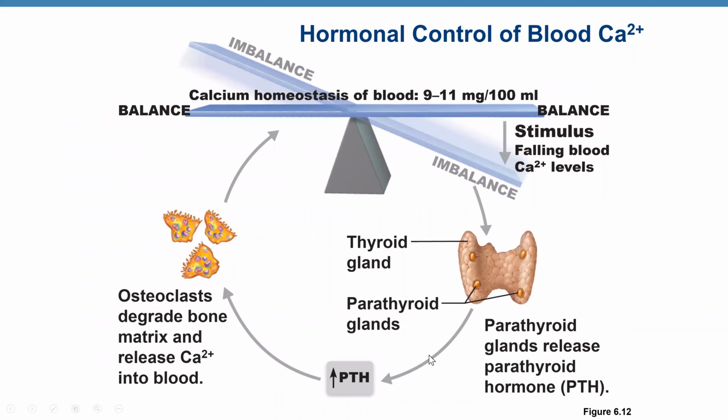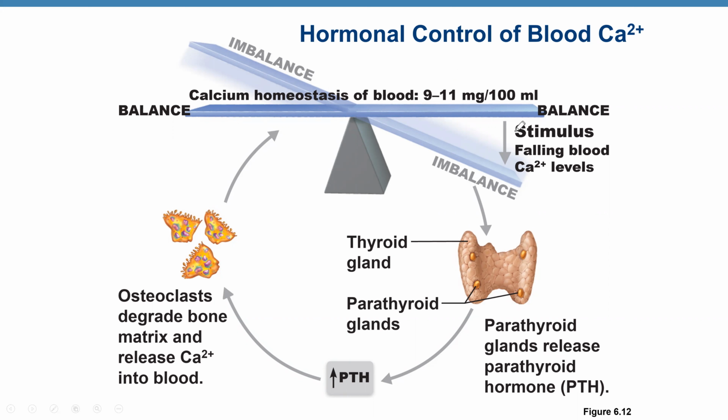So how is this calcium level regulated? Now, the normal calcium homeostasis in blood is about 10 milligrams per 100 milliliters. So it's 9-11 milligrams, so we can just remember 10 per 100.